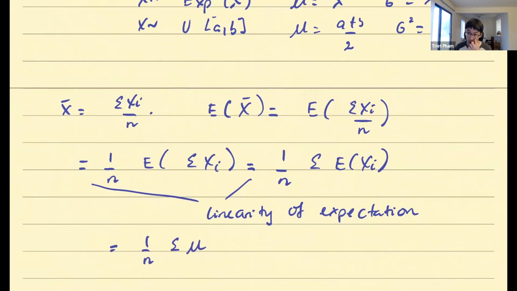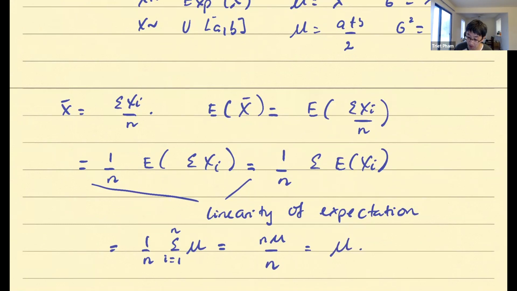Some of you already see the next step. Obviously, this is nothing but n mu over n, so that's just mu.